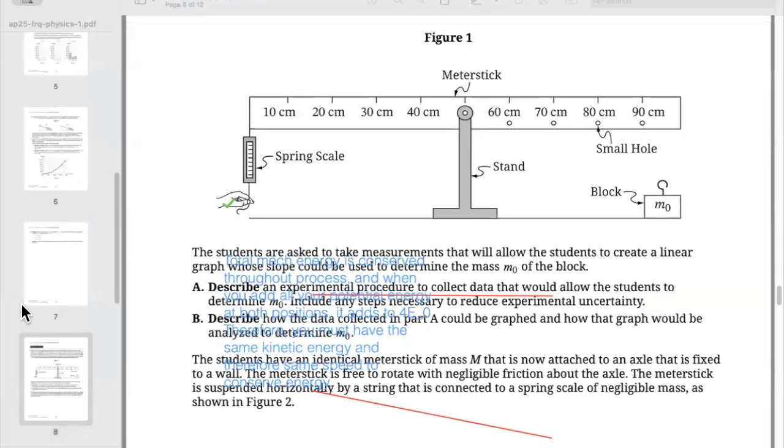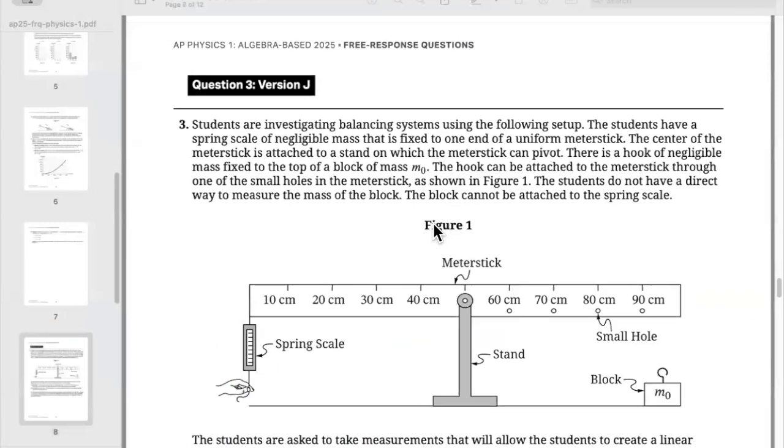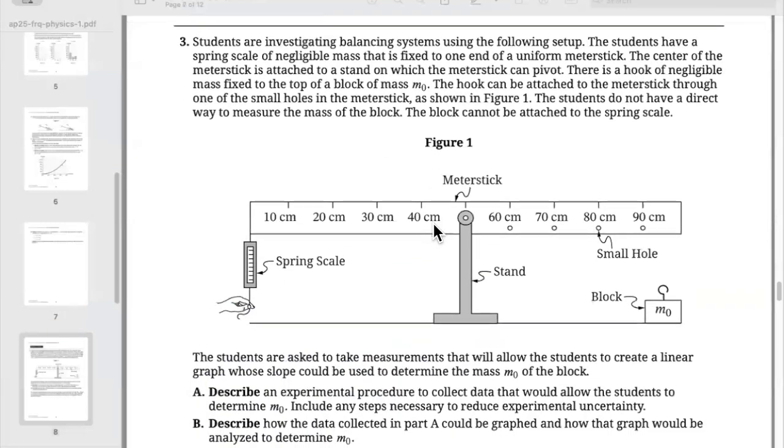Let's move on. Okay, rotation question, it looks like, for experimental design. Students are investigating balancing systems, and you have a spring scale. That sounds fun. You're probably going to put the block on there, I imagine. It can pivot about the center. The center of the meter stick is attached to a stand. And there's a hook.